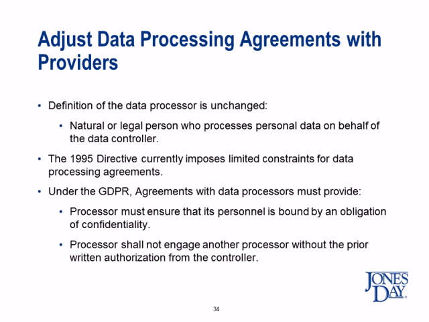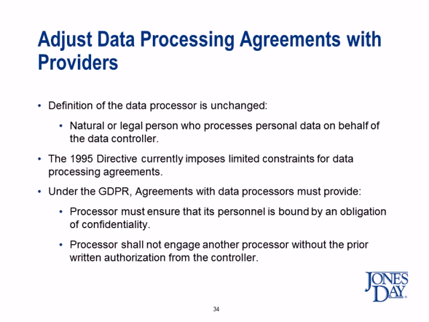The first point is, as regards the definition of data processor in the GDPR, it is actually unchanged with respect to that in the Data Protection Directive of 1995. The data processor is defined as the natural or legal person which processes personal data on behalf of the data controller.